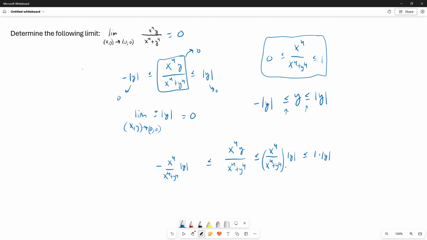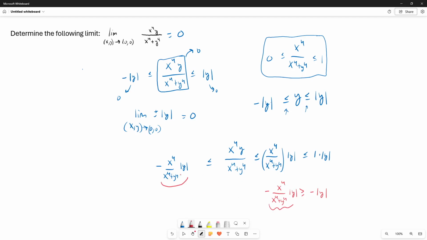And now if we just look at this inequality here and we multiply both sides of it by negative 1, we get negative x to the fourth over x to the fourth plus y to the fourth times absolute value of y is bigger than or equal to negative absolute value of y. And this quantity is exactly this quantity.